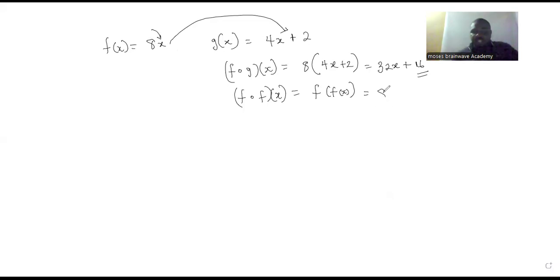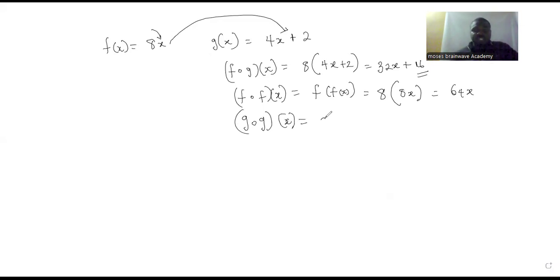So I have 8x. Instead of writing x, I'm putting the whole of f of x again. So I have 8 times 8x. So it's straightforward. We have 64x.